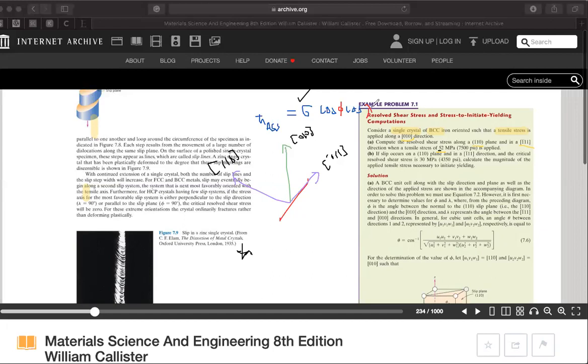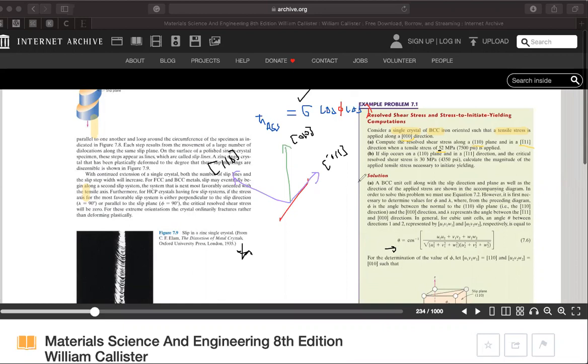To find the angle between two directions in the material, look at this and try, using pen and paper, to use this equation to find the angle between the two vectors.